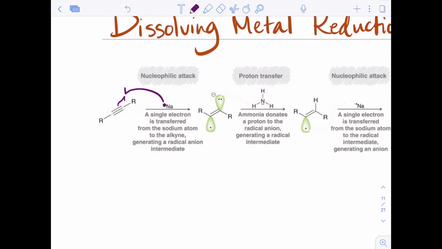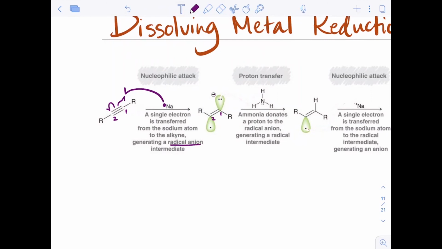Those 2 electrons are going to come together on one of the carbons. There are 2 electrons in a pi bond, however, so that means that the 1 extra electron has to be dumped on the other carbon. I'm going to name these carbon 1 and carbon 2. Carbon number 1 here is getting to become an anion. Carbon number 2 is a radical. So we have what we call a radical anion intermediate.